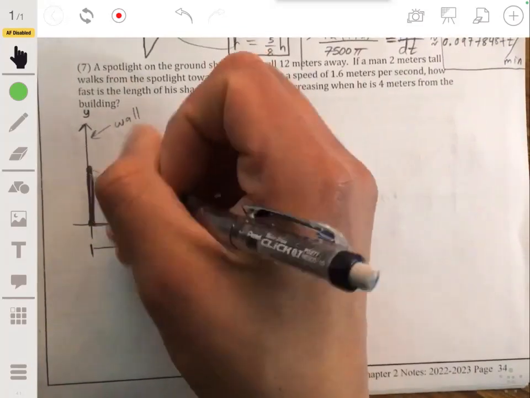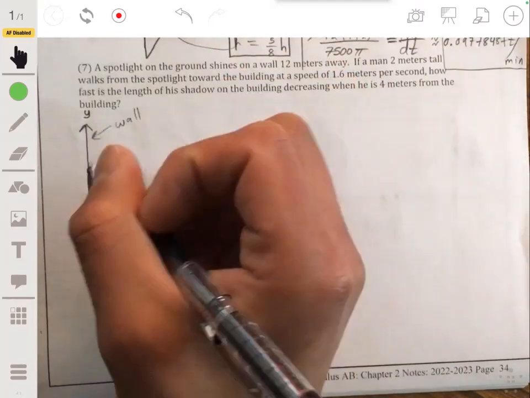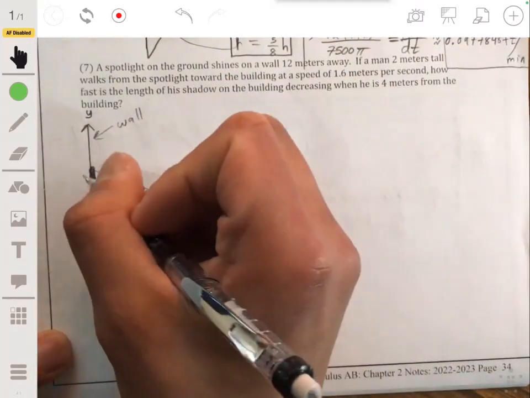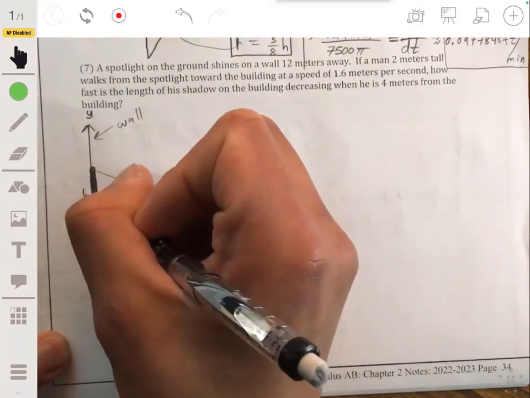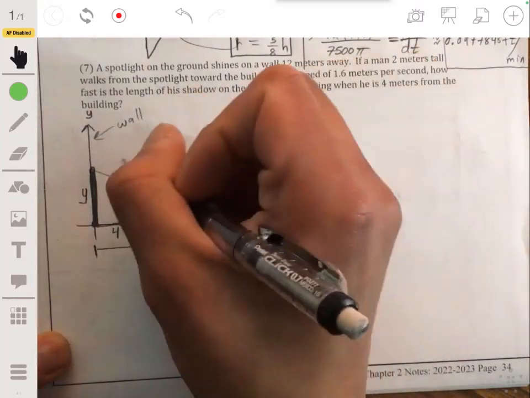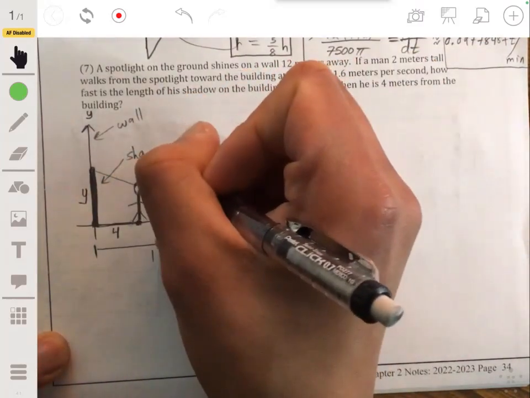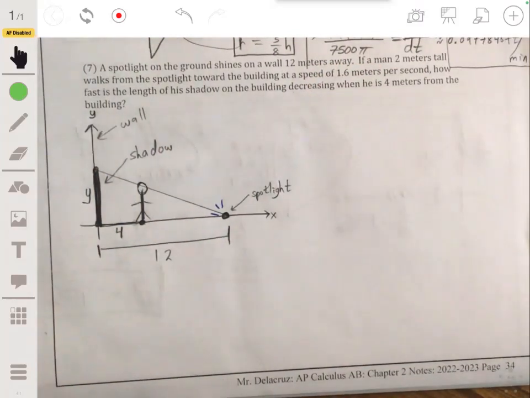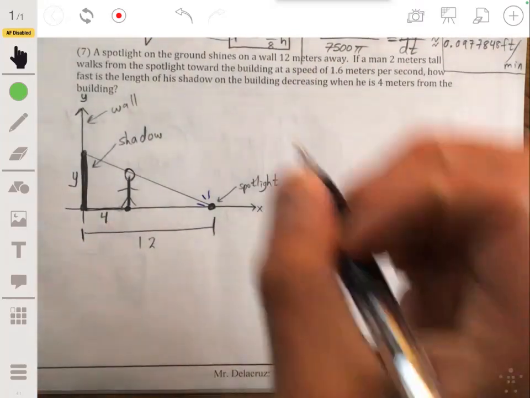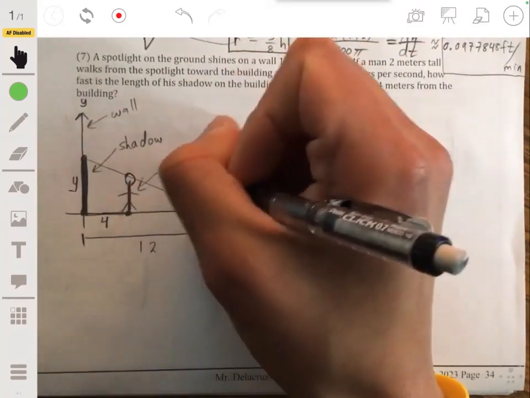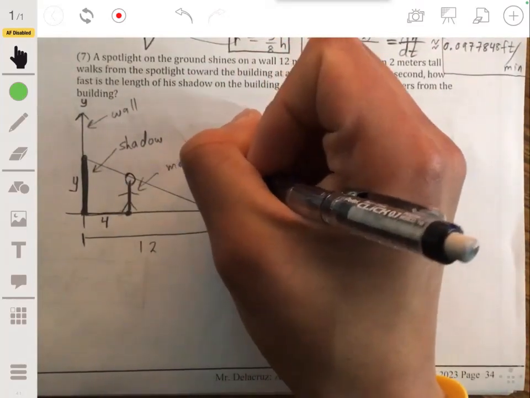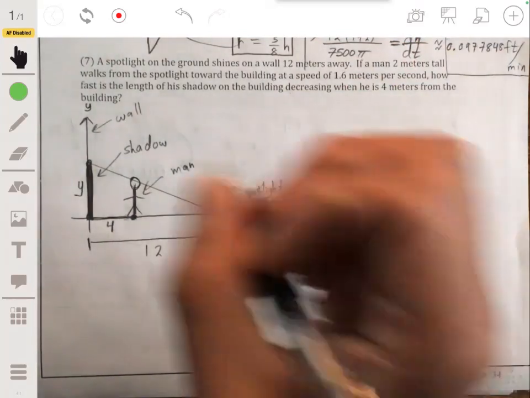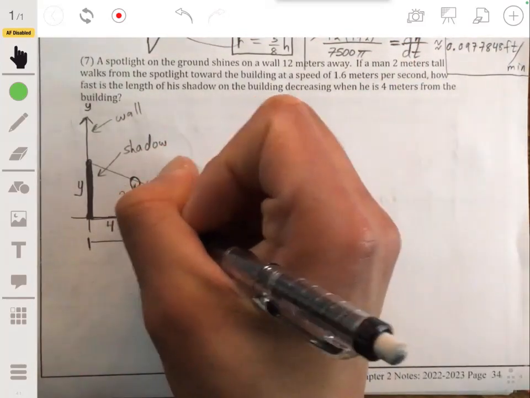This whole length will be the shadow. So we're going to have the length of the shadow be called y. Our man is 2 meters tall, so from here to here, let's label that 2.